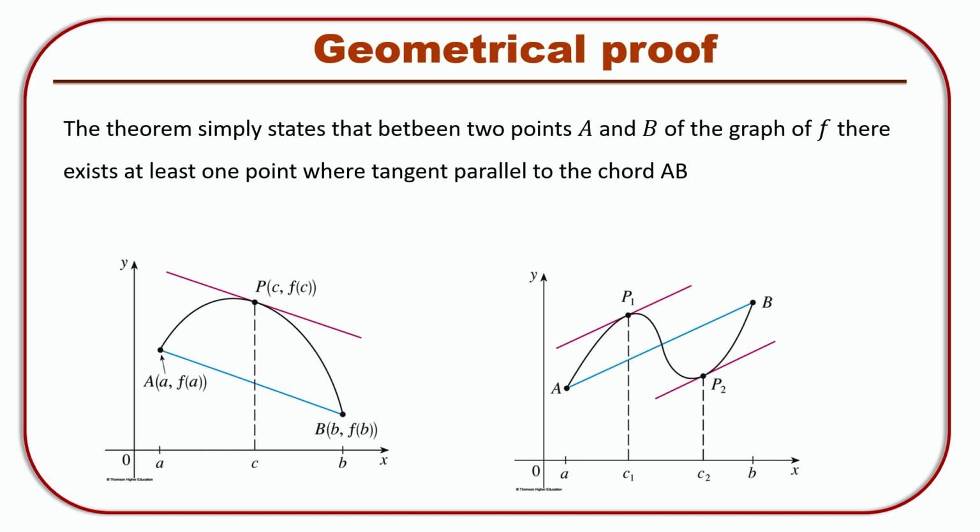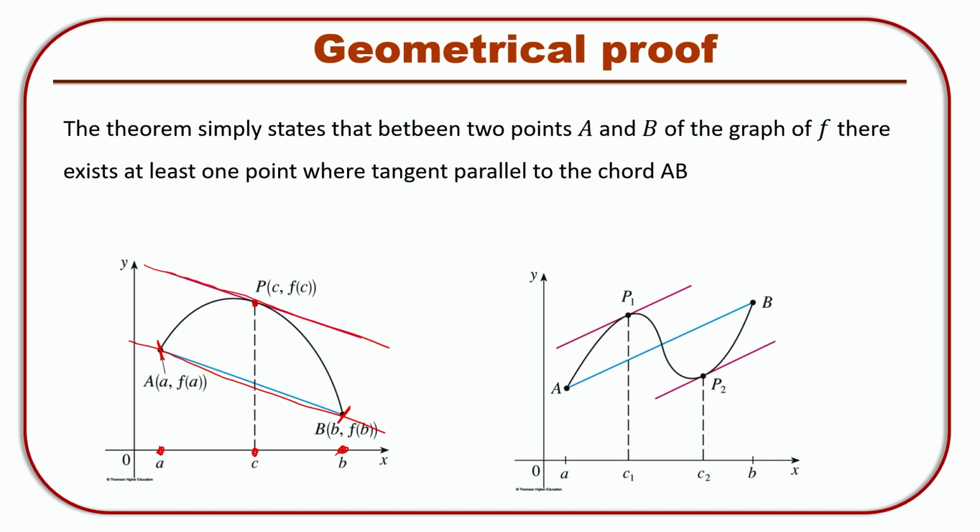So what it says is that if you have A here and B here, then there must exist some point c where the tangent line is parallel to this chord AB. So there must exist some point c here, right?